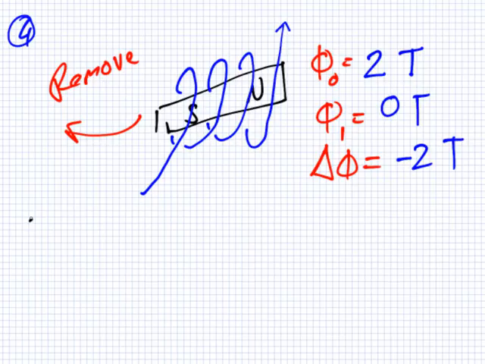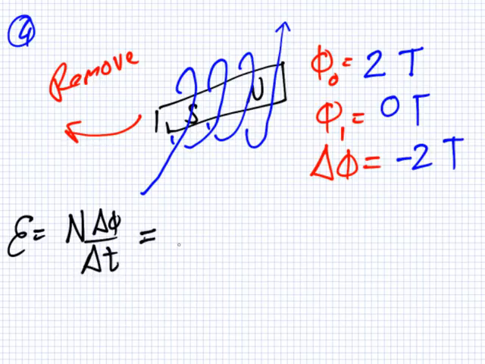So our formula is E equals N, with the minus, but the minus just tells us which way it's going, change in flux over change in time. Now what's the N here? 100. The flux is changed by 2. Again, I won't worry about the minus because I know how to work out the direction from using Lenz's law. And then the time, the 0.25.